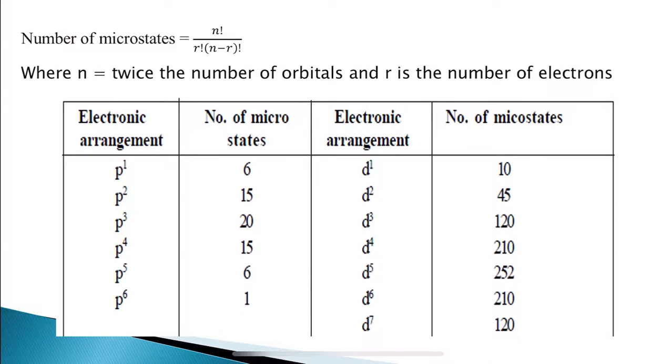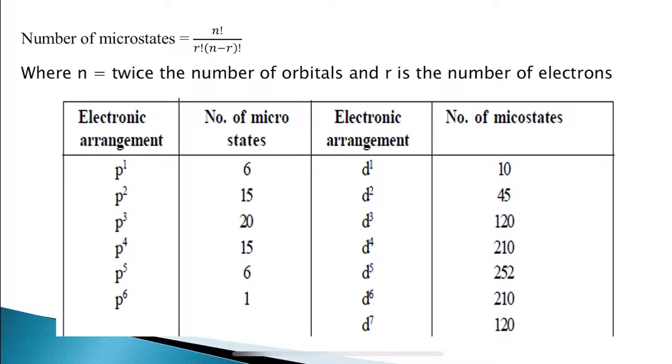Next, where n is equal to twice the number of orbitals and r is the number of electrons, the number of microstates is n factorial divided by r factorial into (n minus r) factorial. This is the general representation.